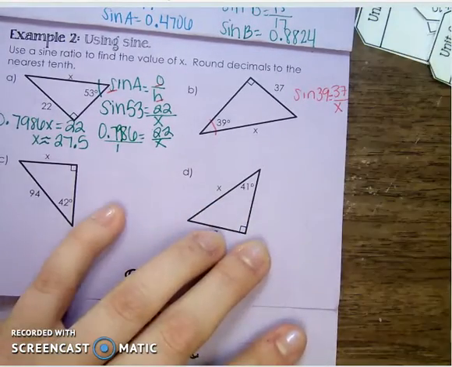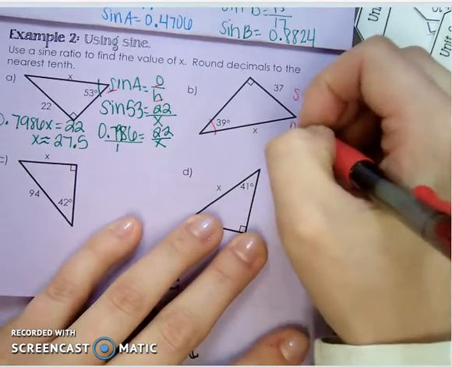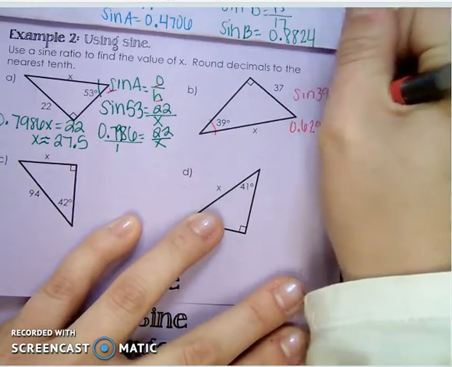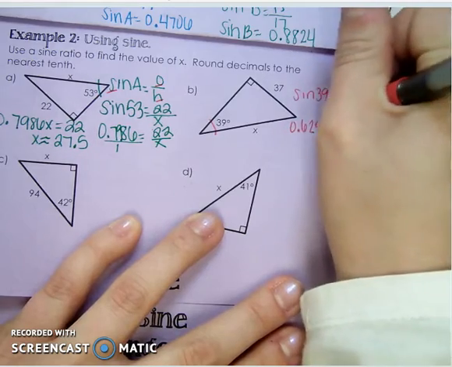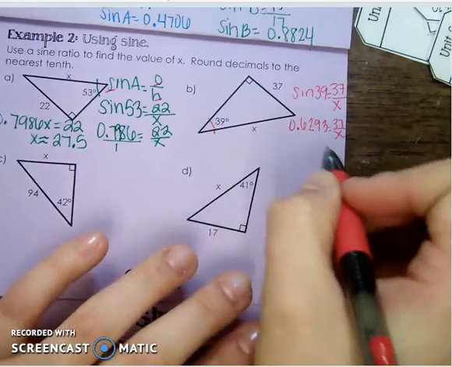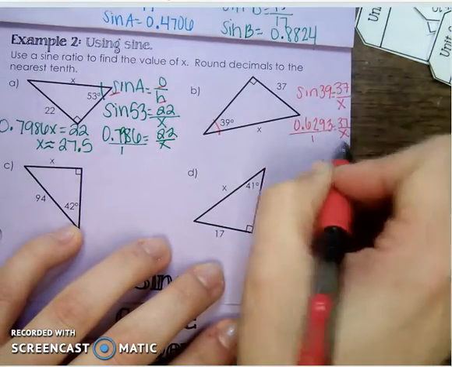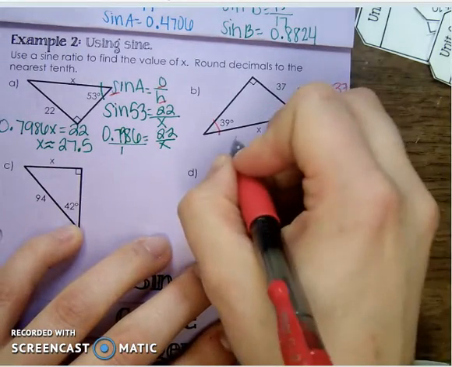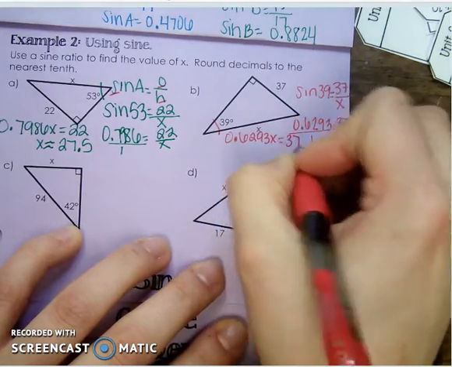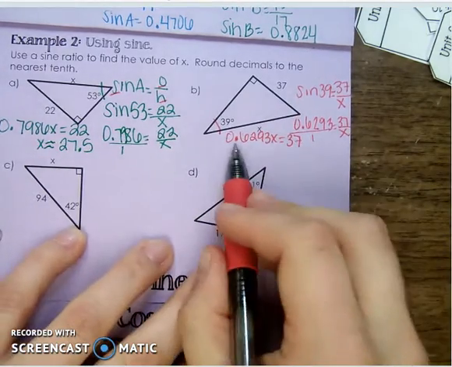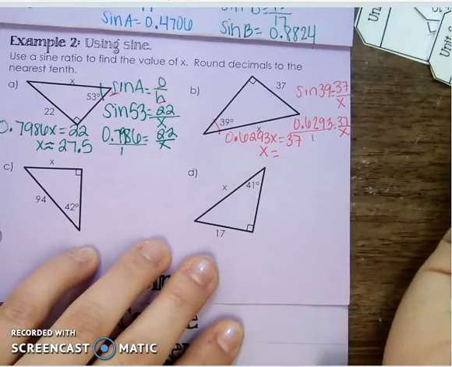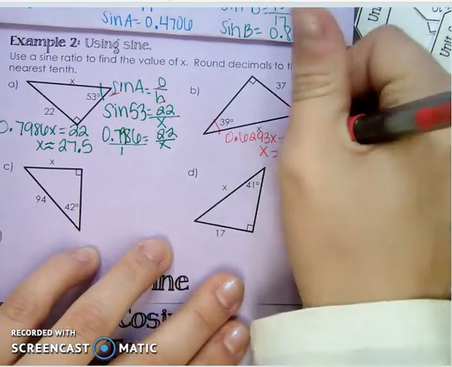Sine of 39 is 0.6293 equals 37 over x. It's like a proportion. You can cross multiply: 0.6293x equals 37. Divide both sides by 0.6293. x equals about 58.8.